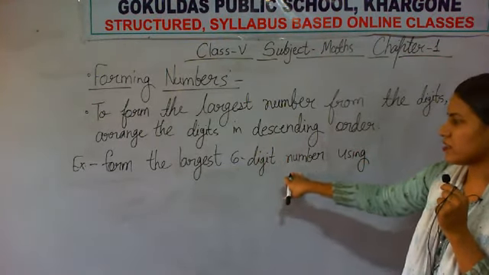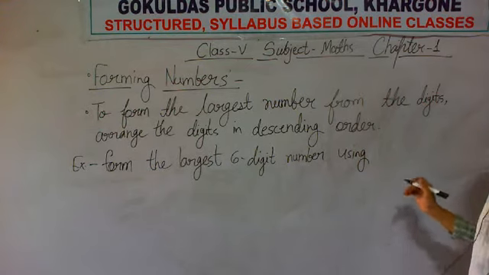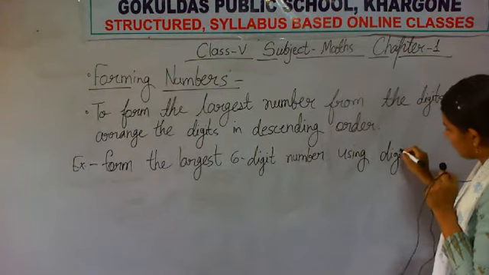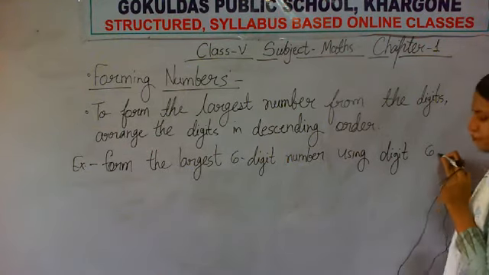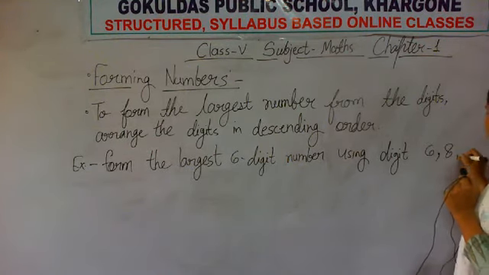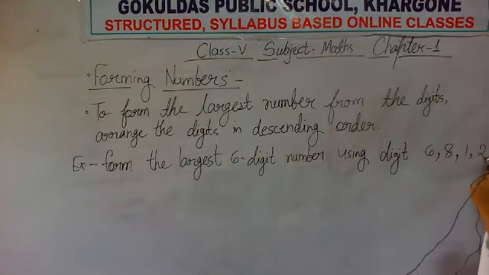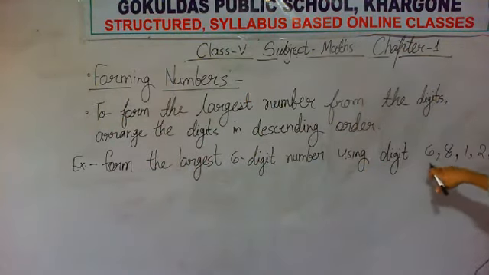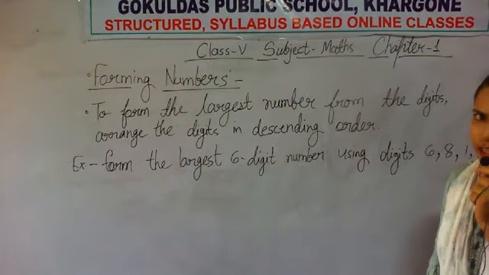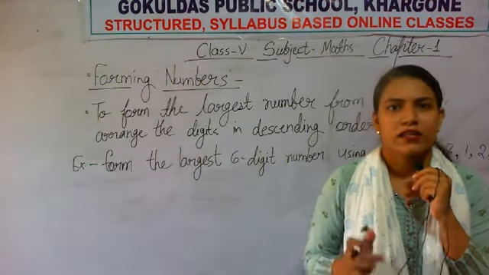Some digits are given here like 6, 8, 1, 2, 9 and 5. You have to form the largest 6 digit number using these digits. And you have to form the largest number.